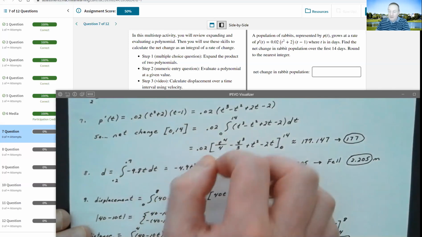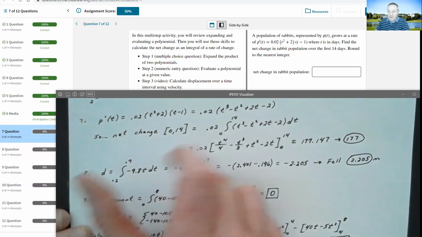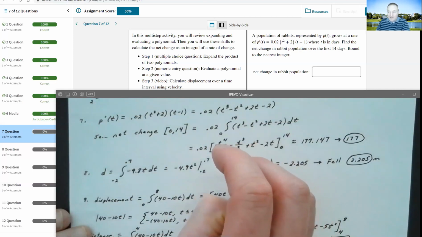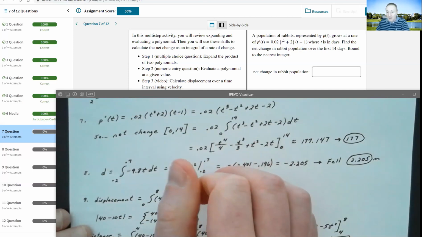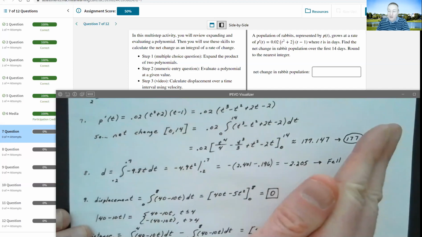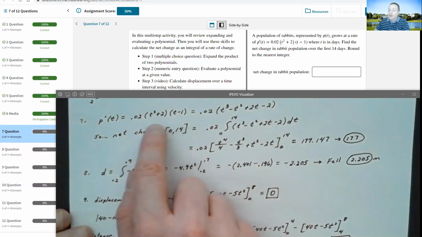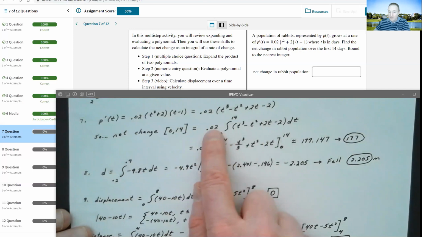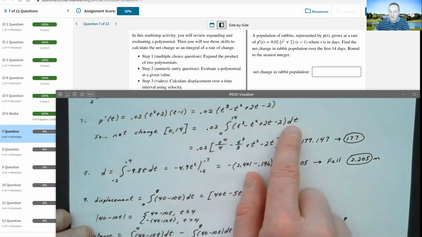And I would liken this to whenever we found the area under a curve using left or right hand rectangles, remember, we didn't say every single one of those bases times the height, bases times the height. We said the summation of the heights all times the common base, delta x, and that delta x was brought out in front. In the same manner, I can just bring this 0.02 out in front of the integral times the summation of the heights inside of that interval.